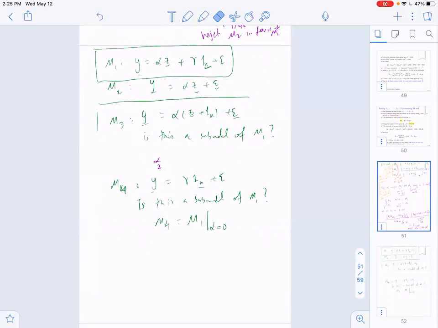Okay, so Brandon says M3 is not a submodel. So maybe you want to argue why? Maybe if gamma is equal to alpha, then it's a submodel. Okay, so yeah, what we were saying here is any linear constraints. M3 can be obtained as M1 with the constraint that gamma is equal to alpha. This is a valid constraint.